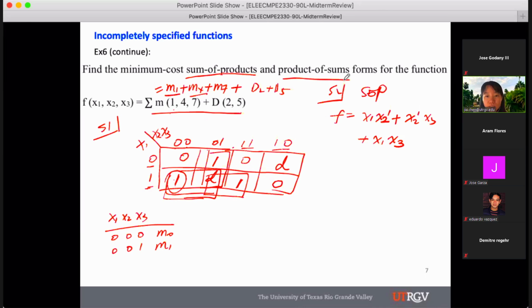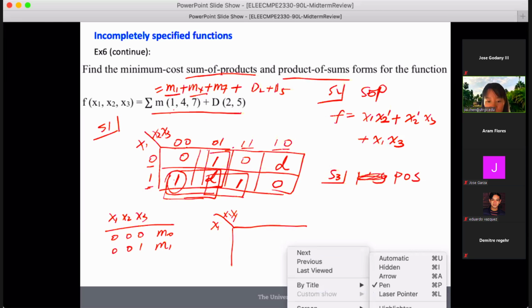The last step, step 3, is to find the simplest POS. The truth table is a little bit messy now, so let's repaint it: X1, X2, X3. Or another thing we can do is change the color of the pen. Okay, let's use this color.